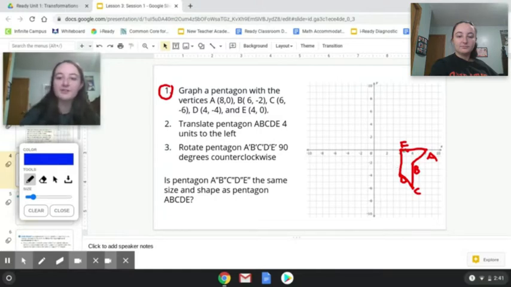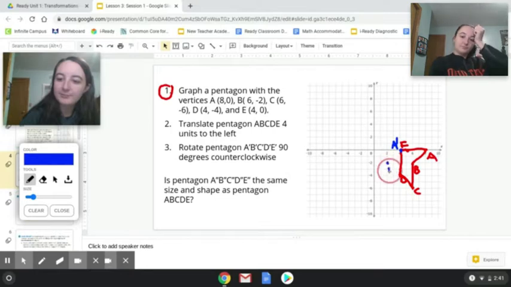We're going to do that for each of our points. So for A, we go 4 to the left: 1, 2, 3, 4. So here's our A prime. Then we do the same for B: 1, 2, 3, 4. So here's our B prime.